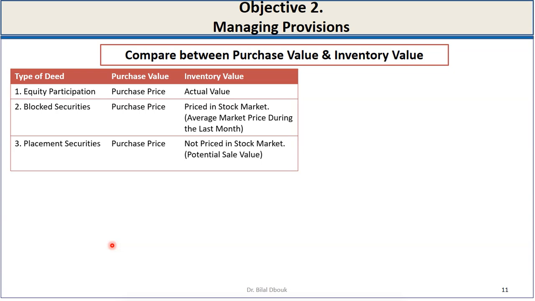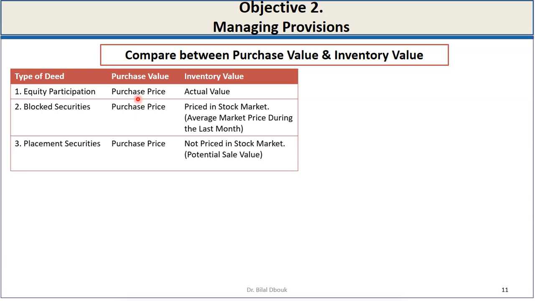So according to each type of financial instruments, we must know what we mean by the purchase value and inventory value. As you can see in this table, for equity participations, the purchase value is known as the purchase price.